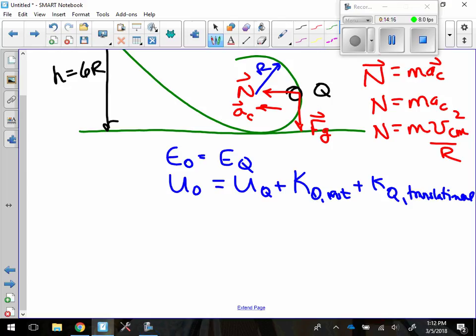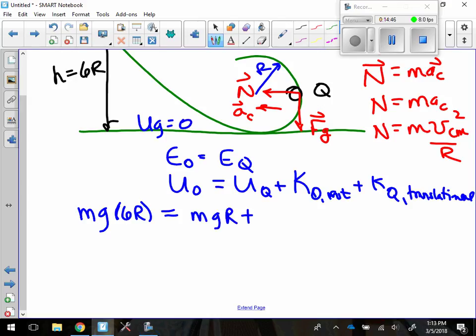So what's my potential energy up at point O? What's my potential energy at point Q? Again, assuming that U_G is equal to 0 at the bottom of the loop. mgR.